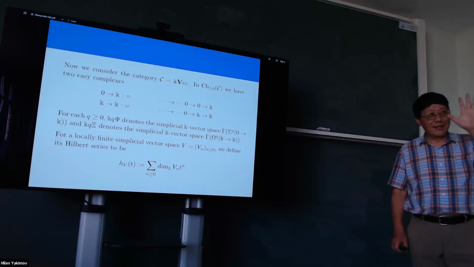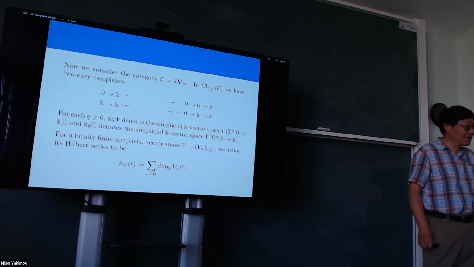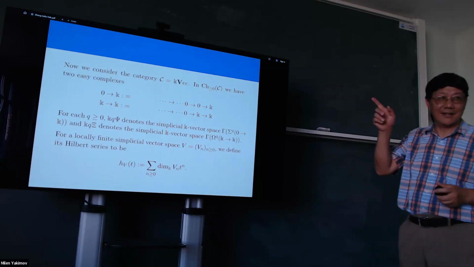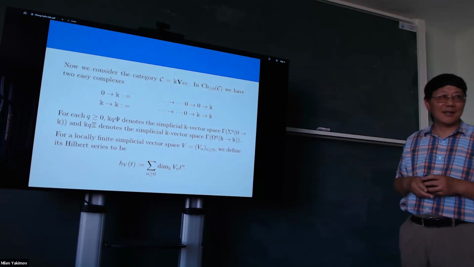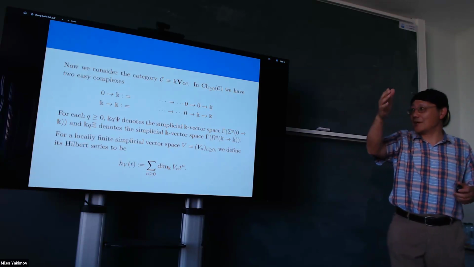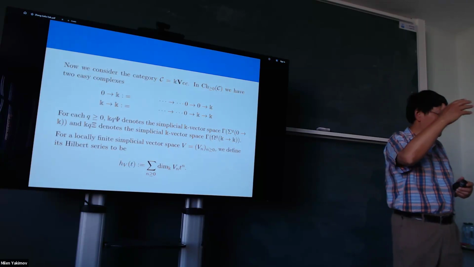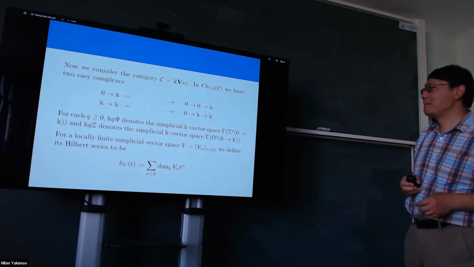One has degree 0, position 0 is K, after that is all 0. The other one is K, K, and the map from K to K should be the identity. Sorry about that. I didn't put the identity, but the second one should be the identity. I just omit all the zeros from position 2. Okay, so these are two easy complexes.